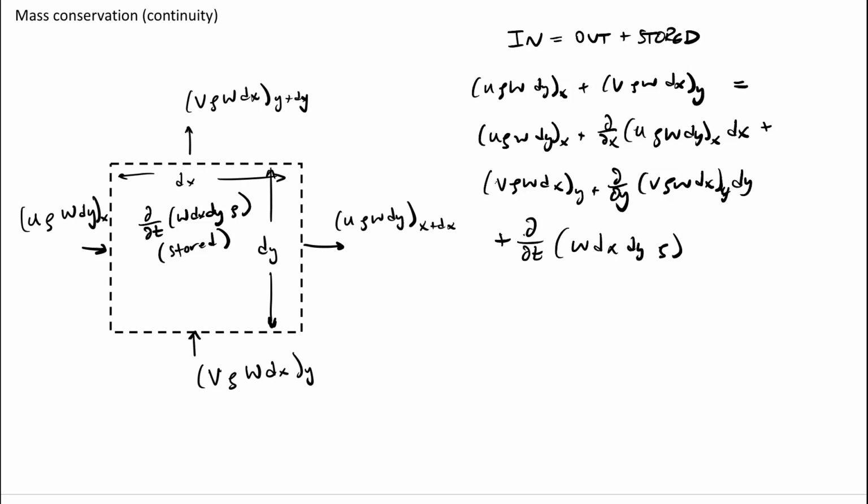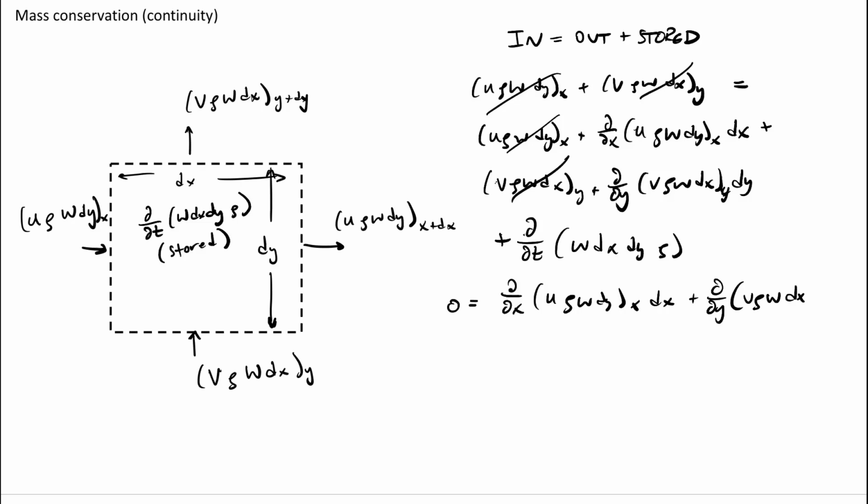This X with this X, and this Y with this Y. We can rewrite the equation as 0 equals the partial with respect to X of U rho W dy at X times dx, plus the partial with respect to Y of V rho W dx at Y times dy, plus the partial with respect to time of W dx dy times rho.